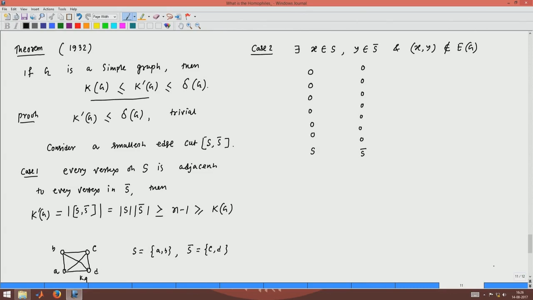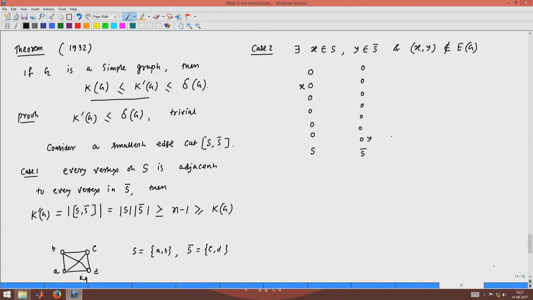There could be edges between vertices in S. Suppose this is x and this is y, and there is no edge between x and y. Now, what we want is to remove some of the vertices in the graph such that there is no path between x and y.